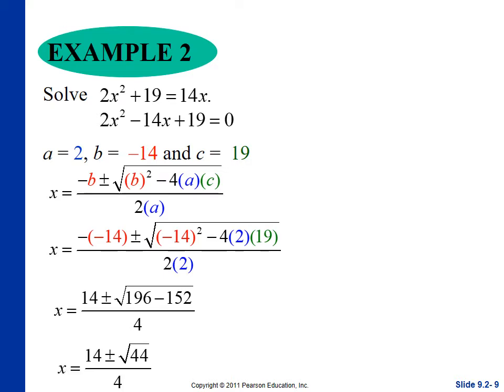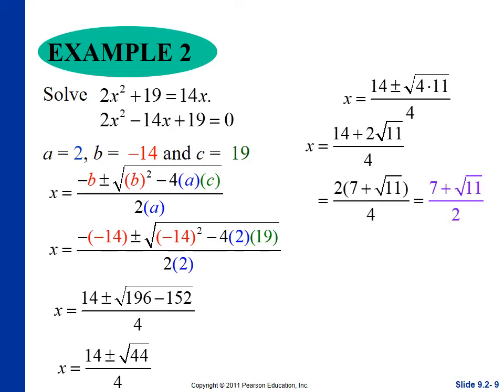over 4. So it's 14 plus or minus the square root of 44 over 4. And it's 14 plus or minus the square root of 4 times 11, all over 4. So 14 plus or minus 2 times the square root of 11 over 4. Now, because this can be factored, we can factor a 2 out of this and this, right?